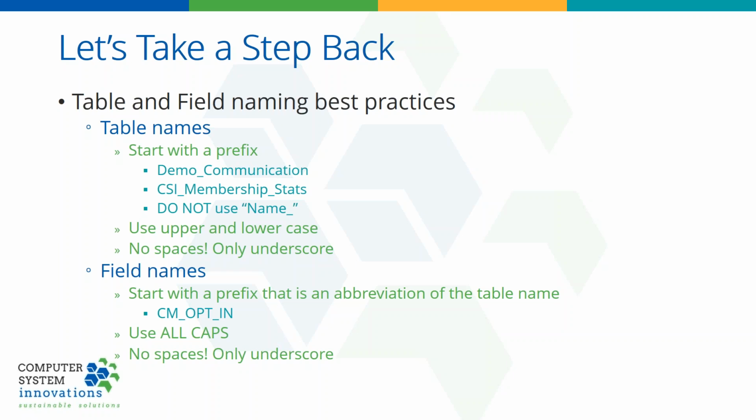It's also very helpful with sorting. When you're looking at your database tables in your list, they will all sort together. So you know all your custom tables are sorted starting with demo or your acronym, and they're all right there together rather than having to scroll through hundreds and hundreds of tables.